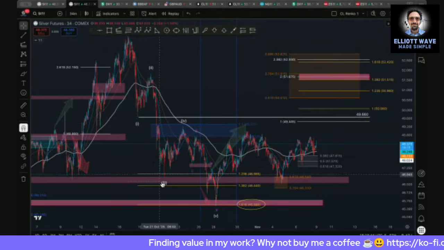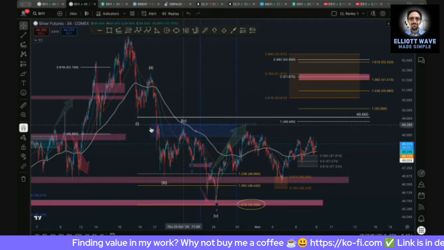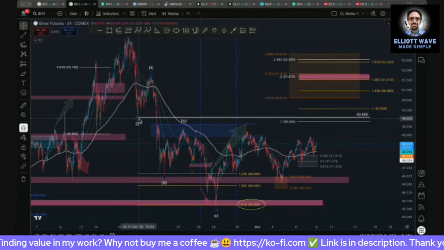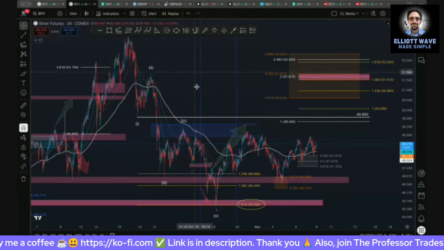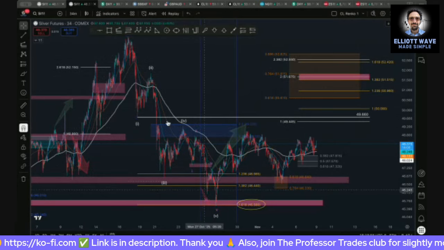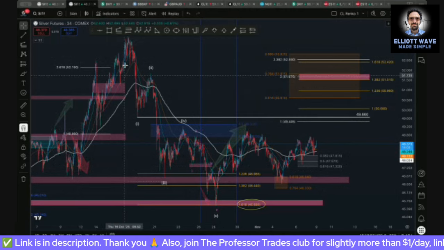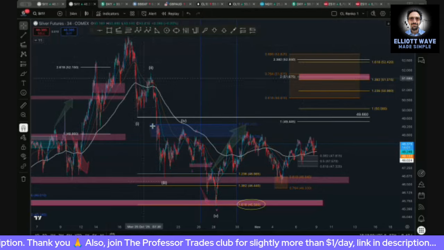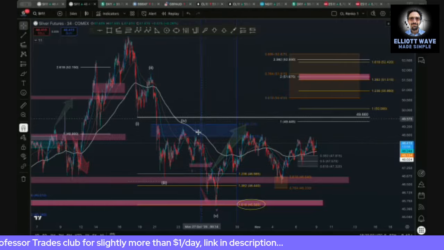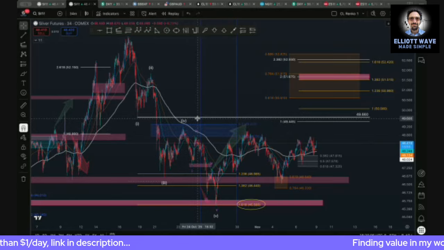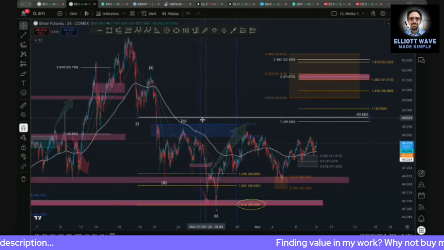The reason that's important is if price comes up and cannot get above the price territory of wave 1, and you are in the context where you would expect a reversal, which is what we were looking for over here, we started getting the reversal. If that reversal is going to continue, the first clue is: is price going to get above the level of wave 1 or not? In this case, it did not.